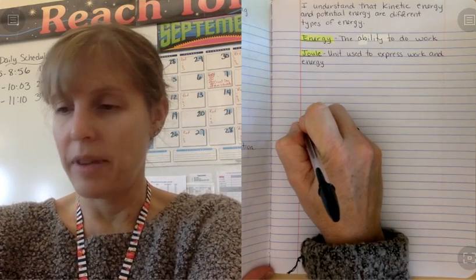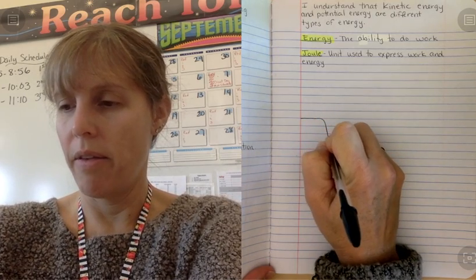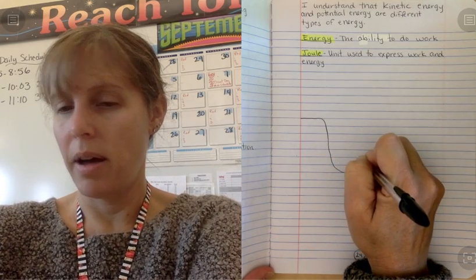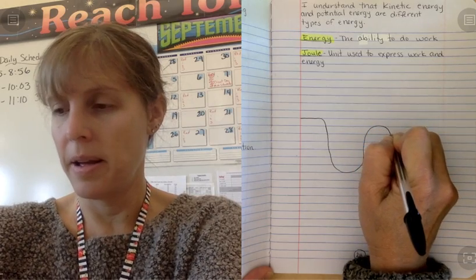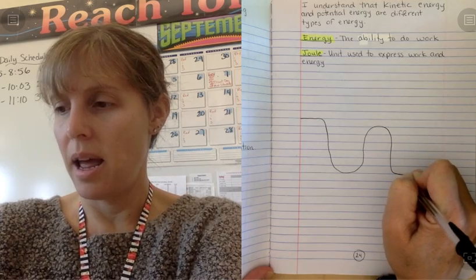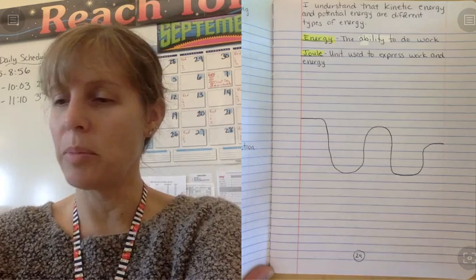So we're going to start off here, kind of a flat line, and then we're going to go down a hill, and then we're going to come up, I don't know, maybe here, not quite all the way. And then we're going to go down to an equal space and come up maybe to there. And we're going to mark some points.